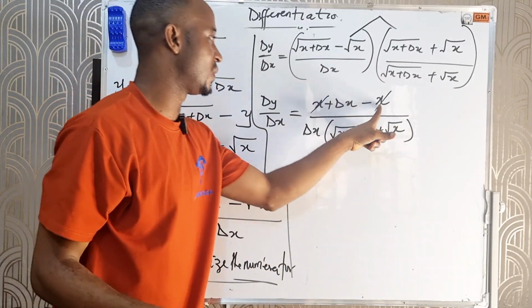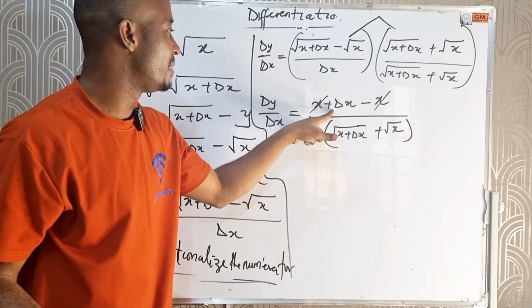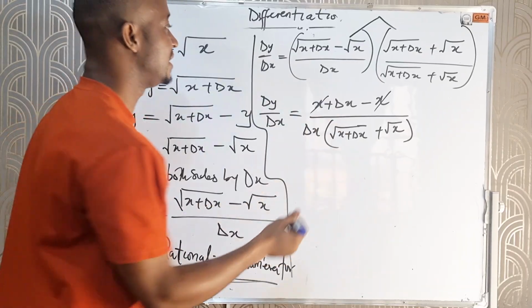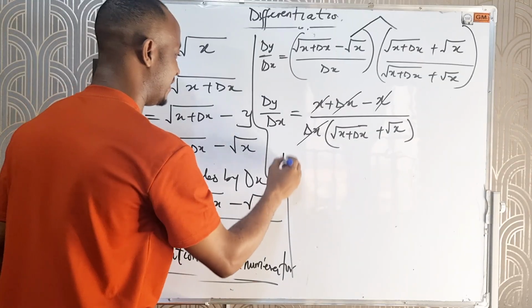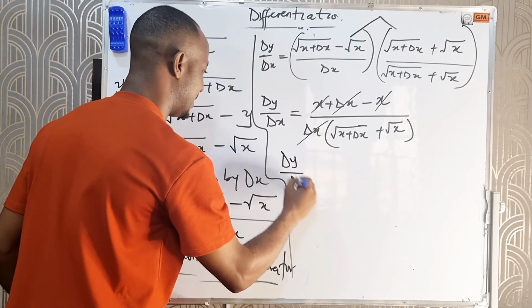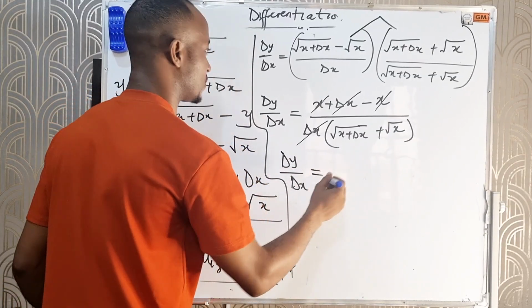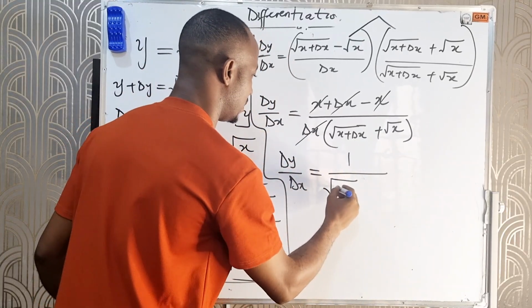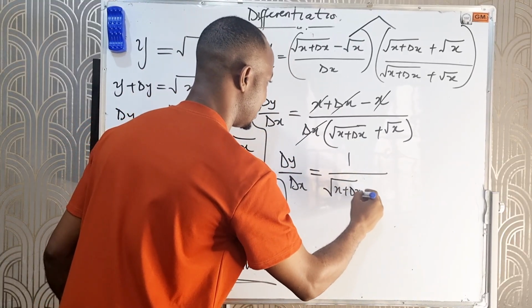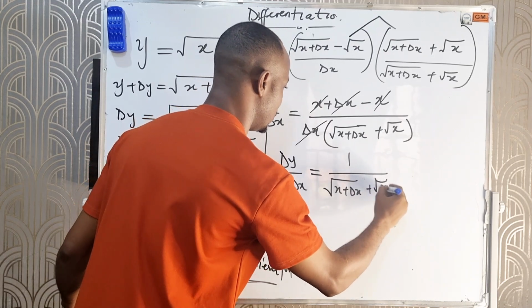If these two cancel out, what remains here is delta x. This same delta x here, we cancel out with this delta x here. Then we are left with delta y over delta x equals 1 divided by square root of x plus delta x plus root x.